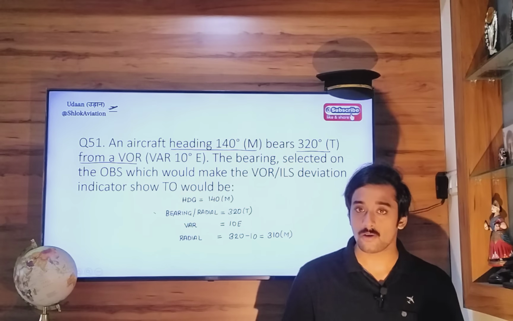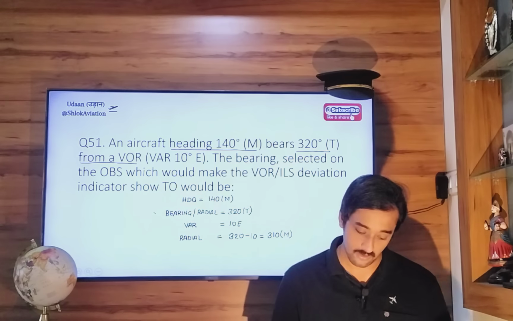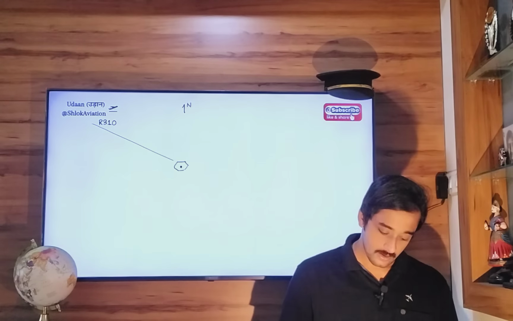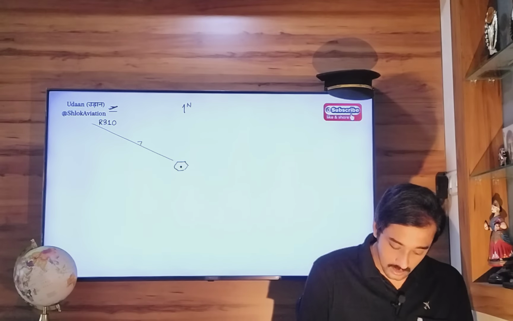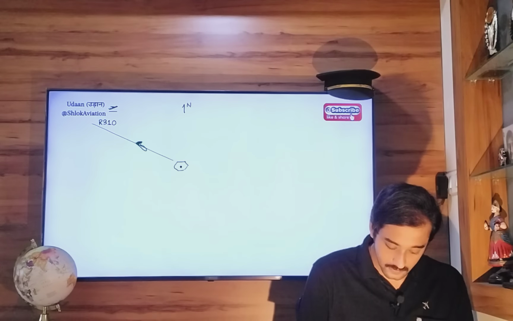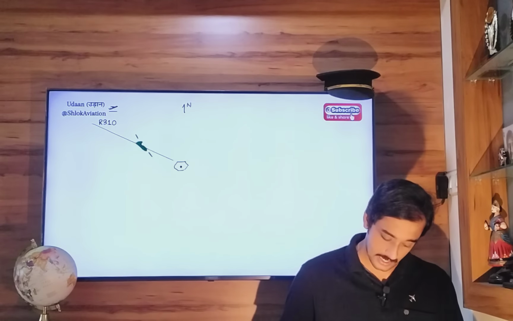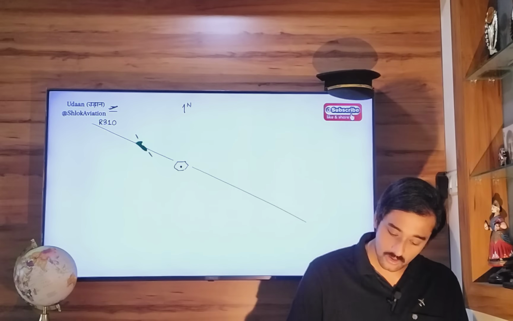Now, heading of aircraft is irrelevant to VOR questions, but still we will plot this 140 magnetic, a little bit like this. So heading is 140 magnetic. Radial 310, the reciprocal of that is radial 130.